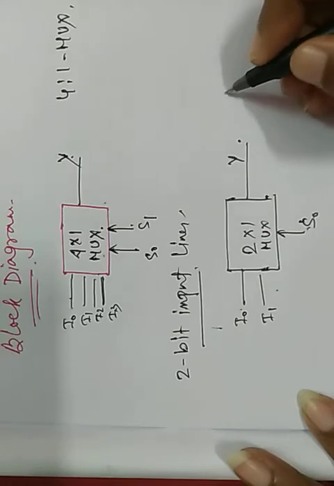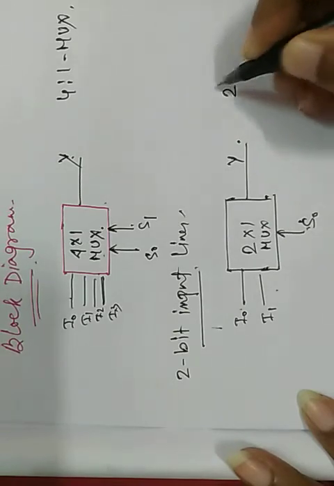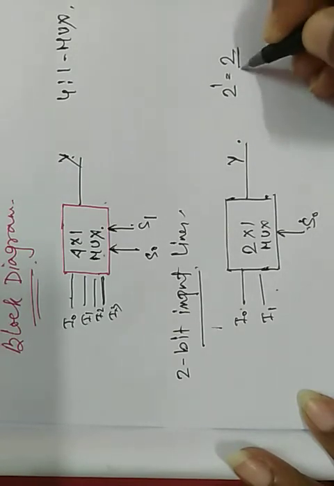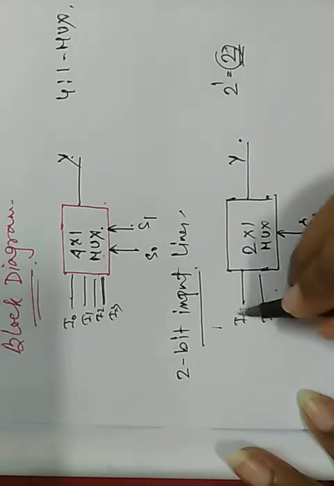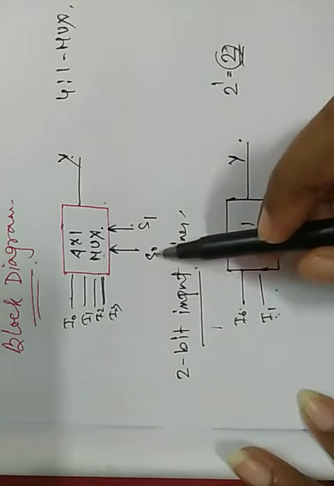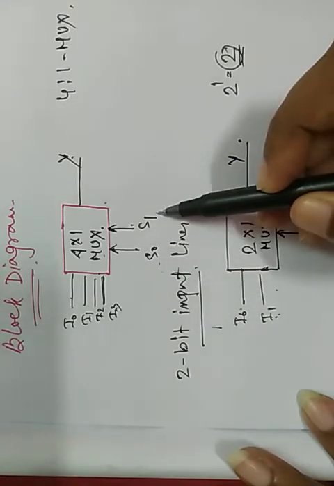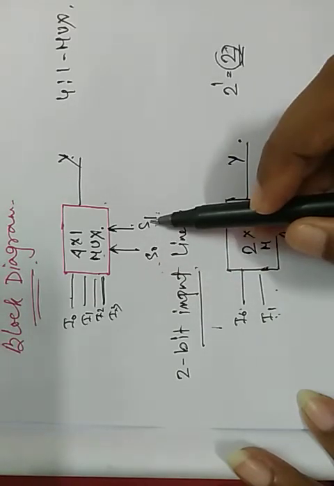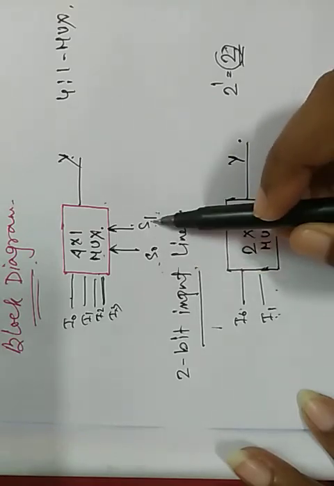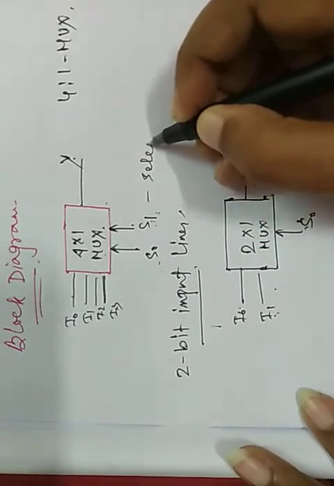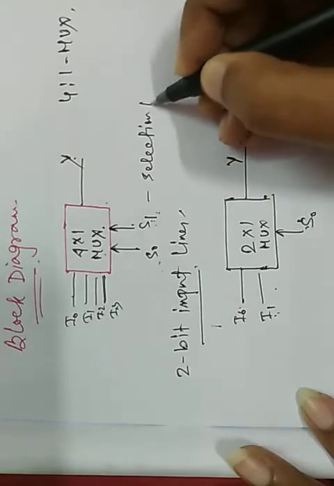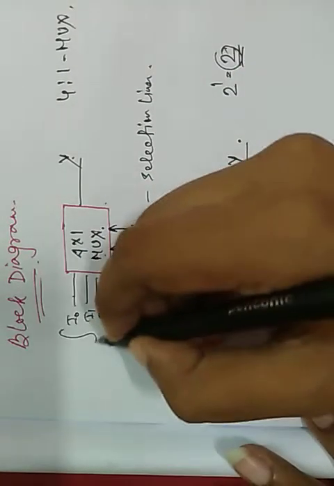We know that with 1 selection line, 2 to the power 1, we get 2 combinations, so we can select 2 input lines. Here we need 2 selection lines because 2 selection lines can select 4 input lines. So these are selection lines. These are inputs.